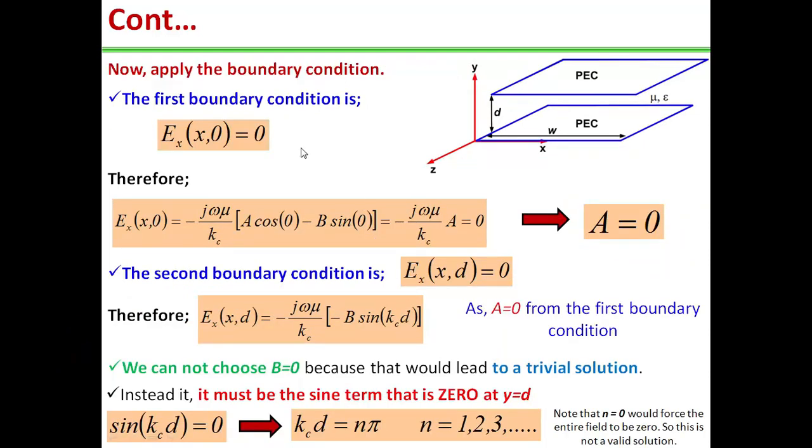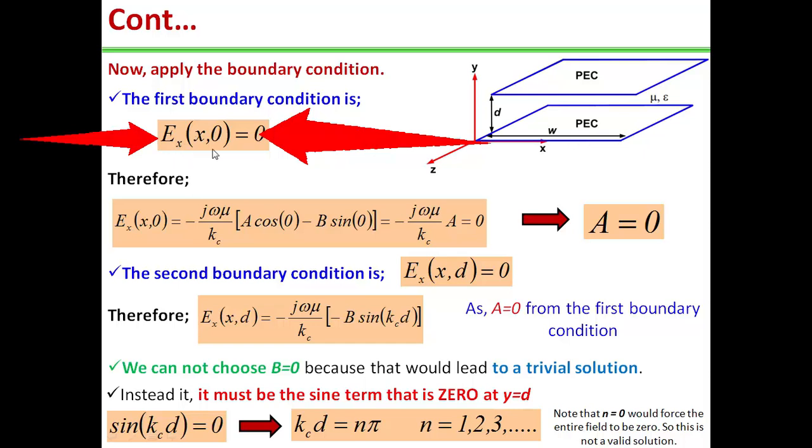Now we will apply the boundary conditions for the top plate and the bottom plate to find the constants. The first boundary condition is Ex = 0 at y = 0. That means for the bottom plate, where y = 0, the electric field must be 0.